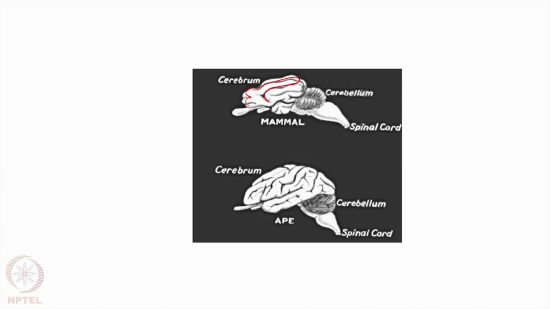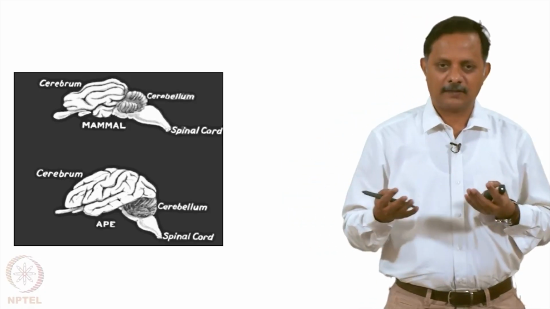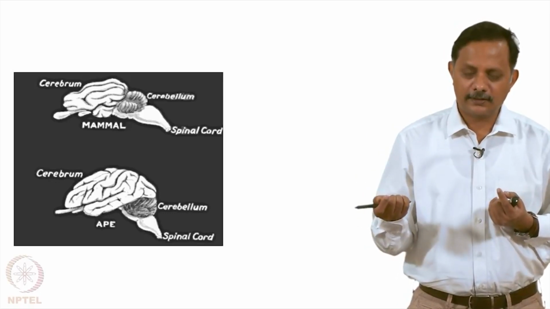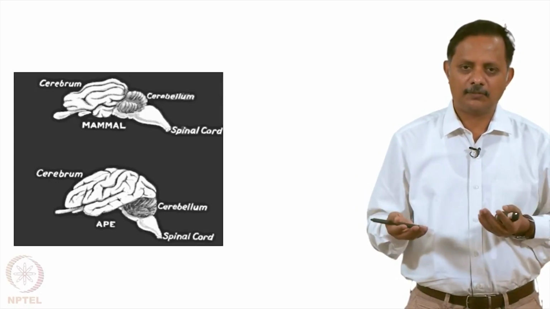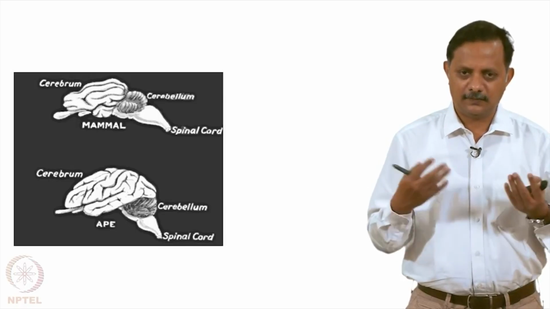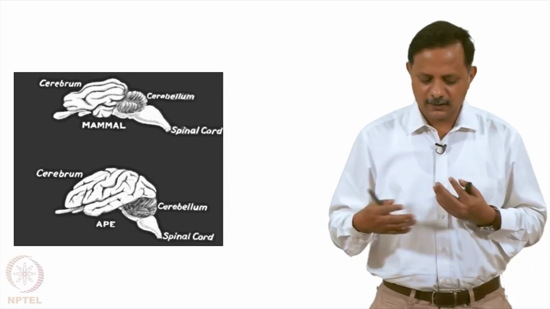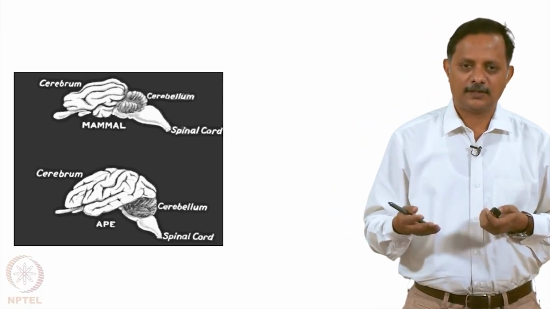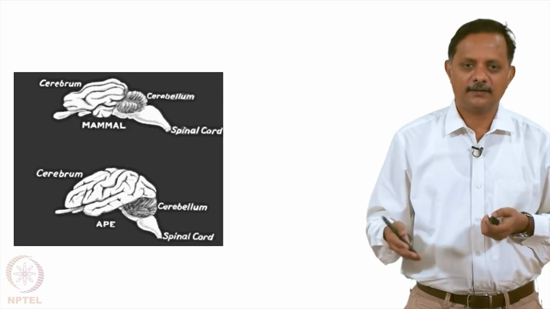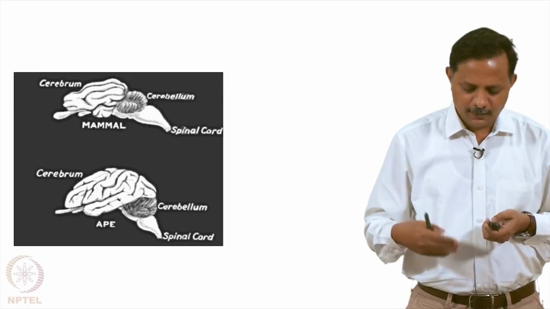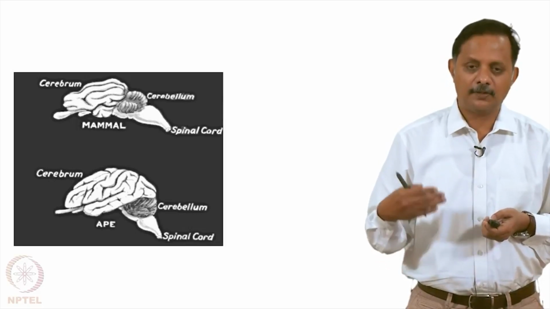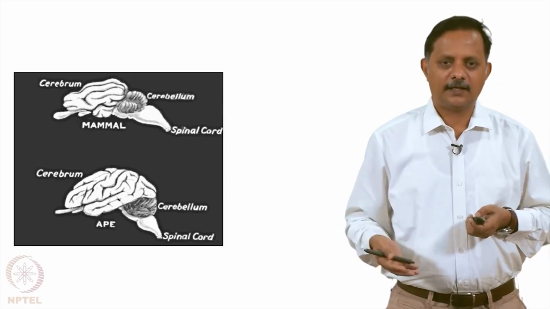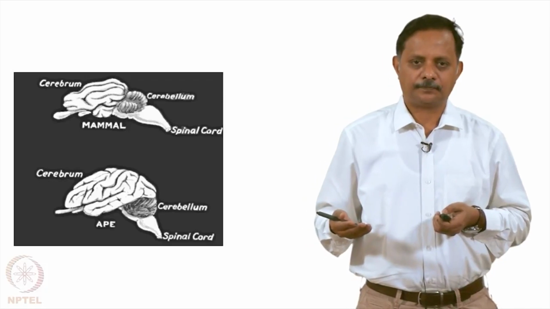So, these folds increase the surface area of the brain, and the surface area of the brain in mammals has this sheet of neurons called the cortex, and the greater the number of folds, the bigger the area of this sheet, and that seems to be correlated with the kind of intelligence that the organism is capable of expressing. So, in apes again there is a cerebrum, but it has greater folds and it is bigger in volume, and this trend continues all the way up to humans.